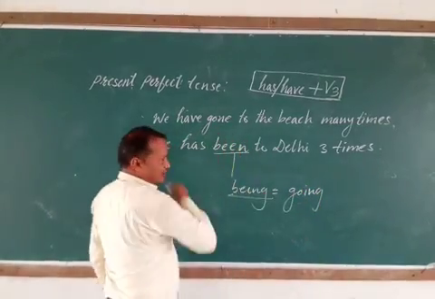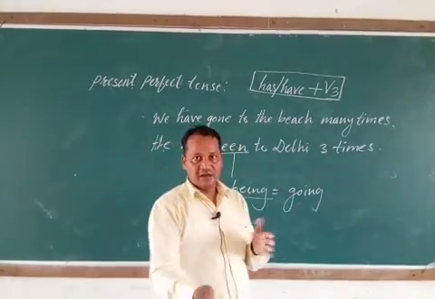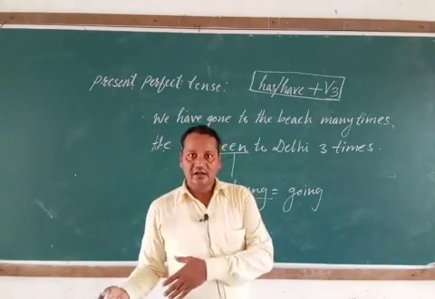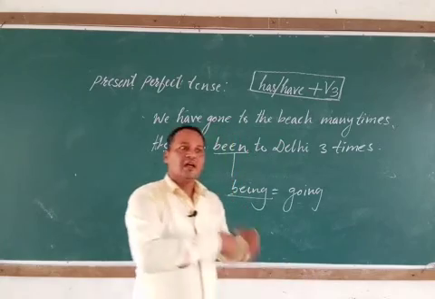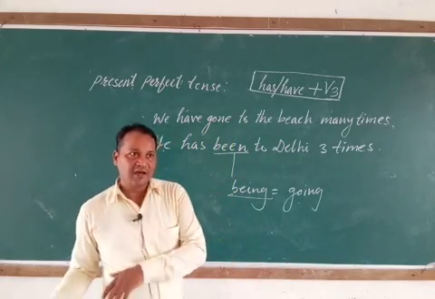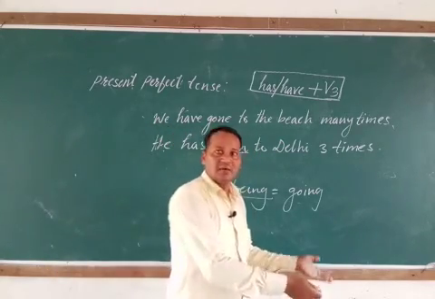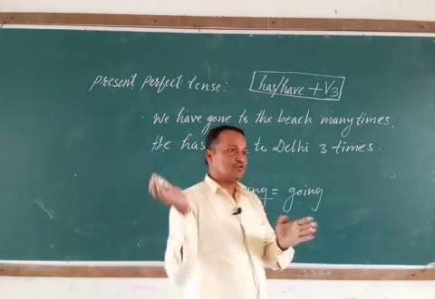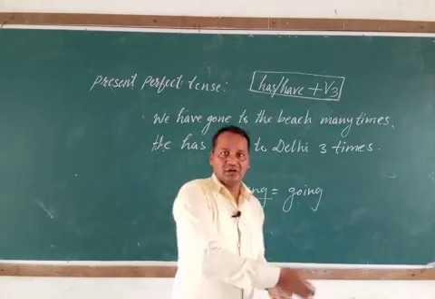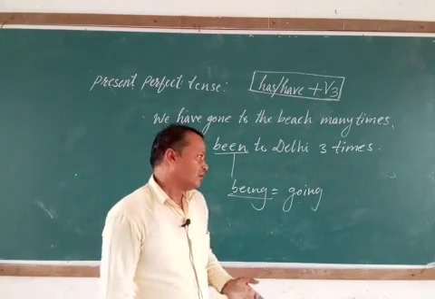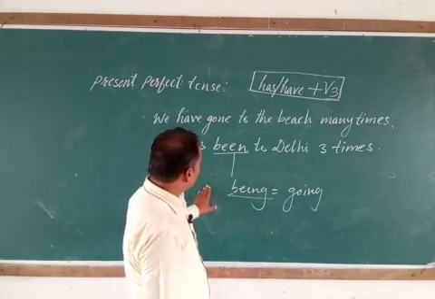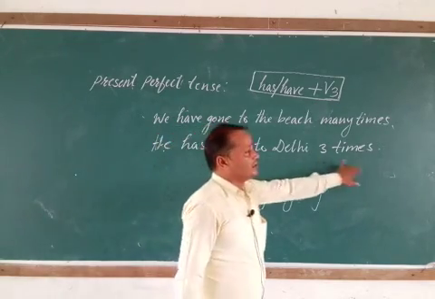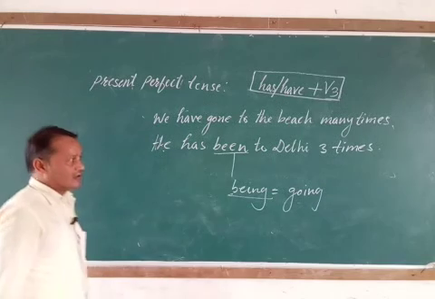Means the person has gone to Delhi once, he did some work there, then he came back, then he went again and did some work, then he came back, then he went a third time and did some work and went again. So the action of going there, living there, working there was repeatedly done. So here the action will be described in present perfect tense.